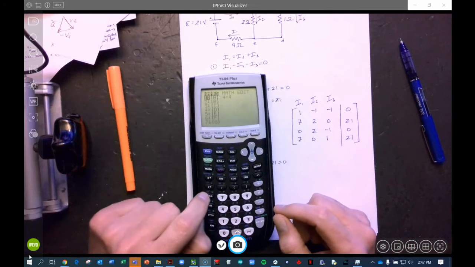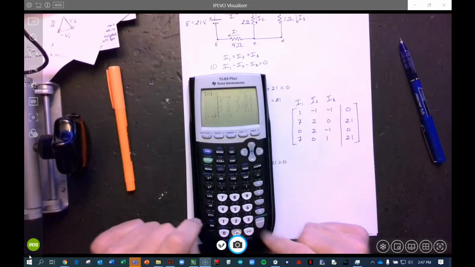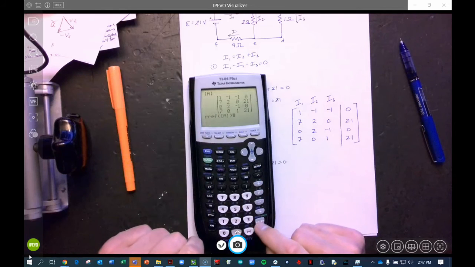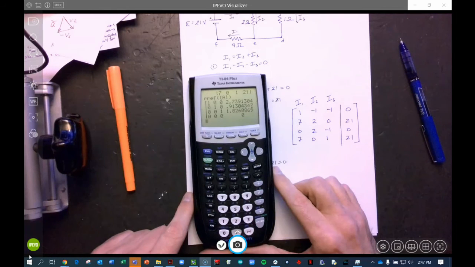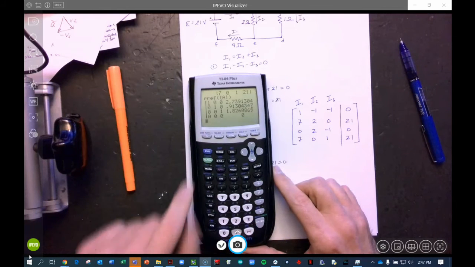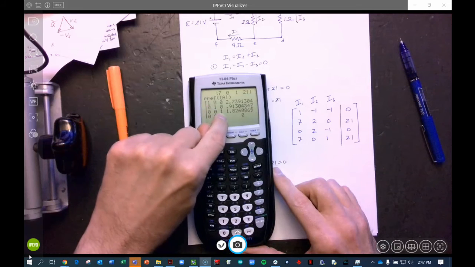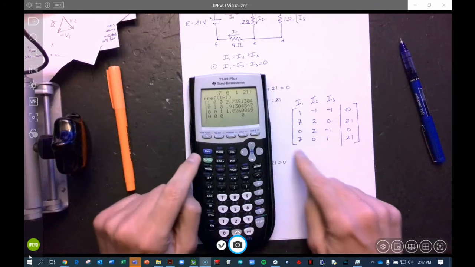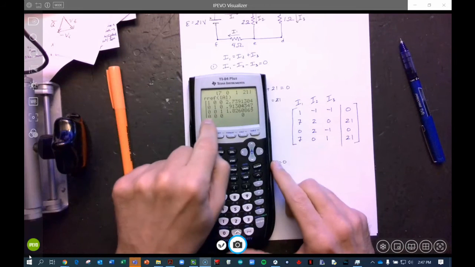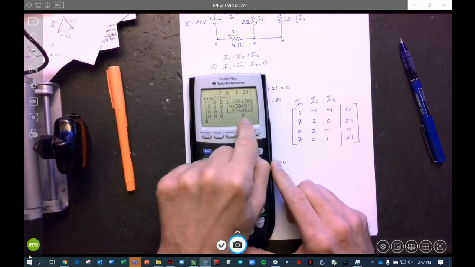So second matrix, I choose A, close my parentheses, hit enter, and if it's done properly, you'll get a diagonal of 1s. Because we have an extra equation that we didn't need, that last row is going to be all 0s.